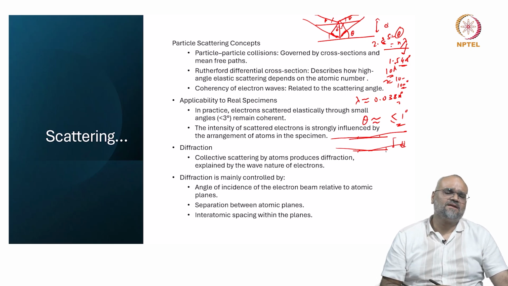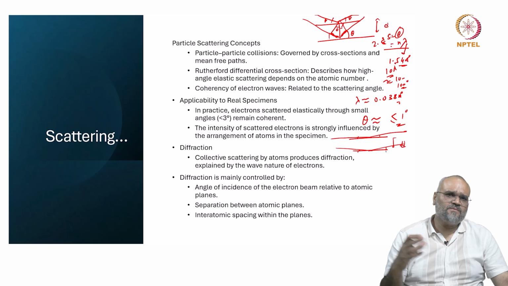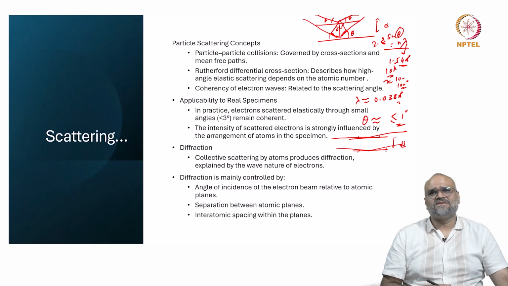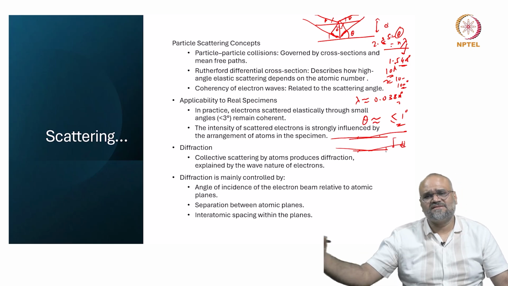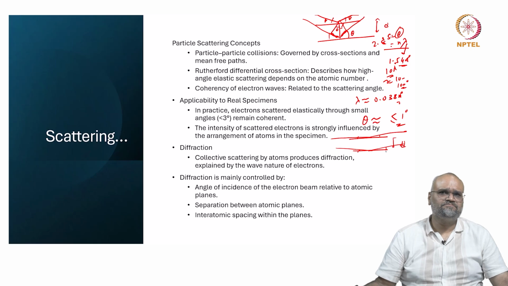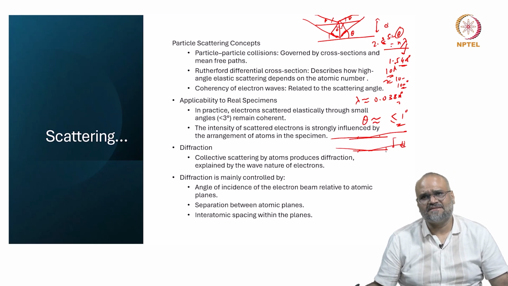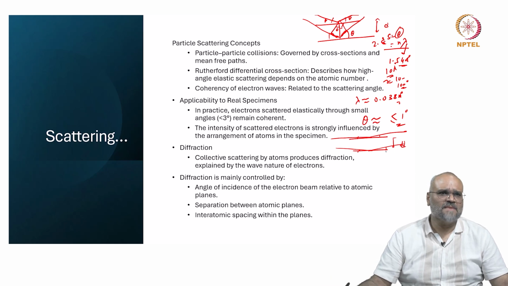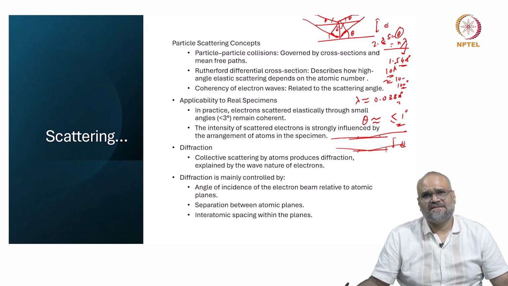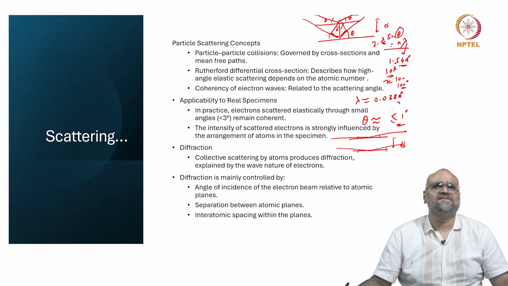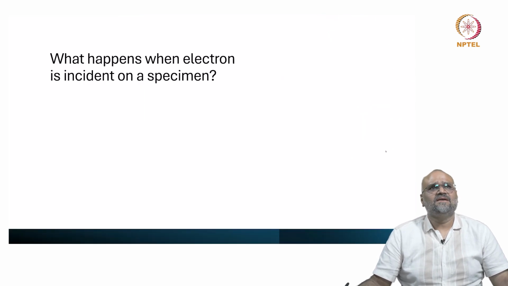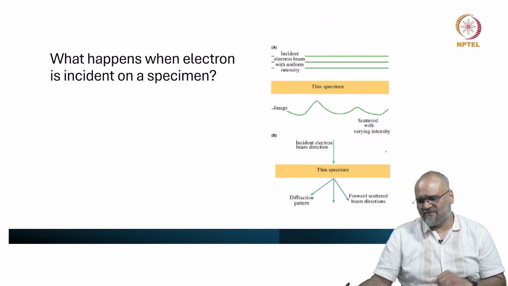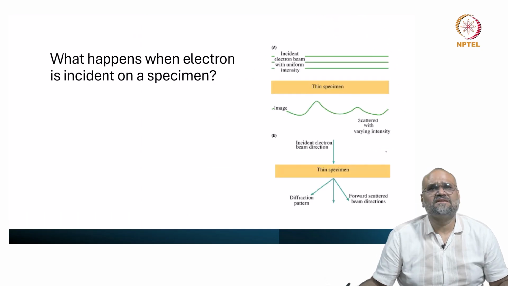From this, what you can see is that diffraction is a special case of scattering or interaction of the electron beam with the specimen, which you can treat as an angular distribution of intensity. And an image, as we have seen in some of the earlier lectures, can be considered as a spatial distribution of intensity. So with all this background, let us see what happens when an electron beam is incident on a specimen. Here is a sketch that I have taken from the Williams and Carter textbook.